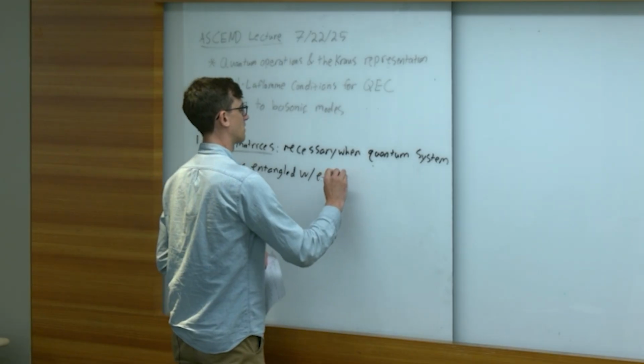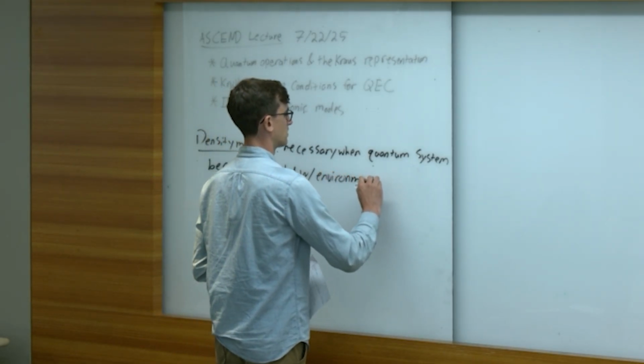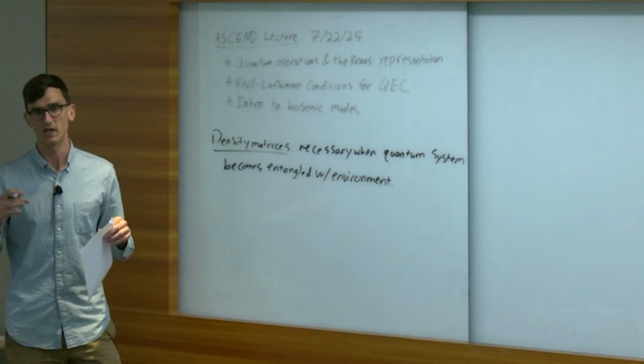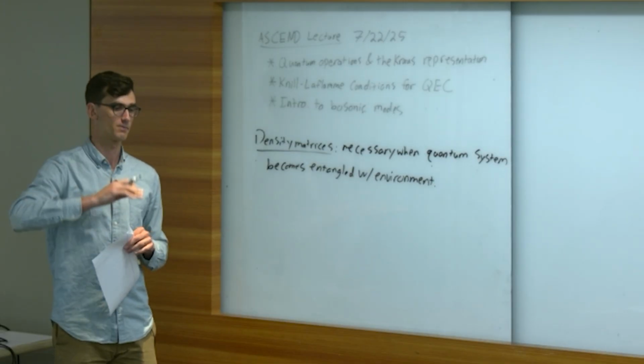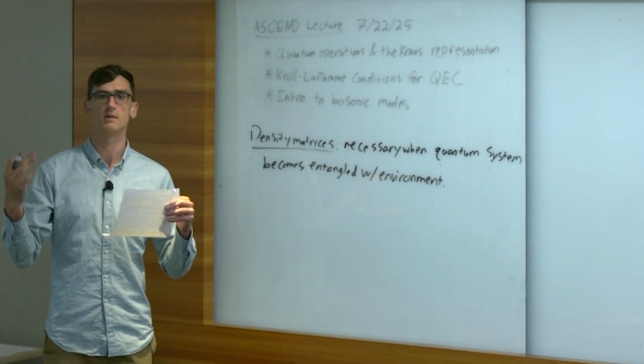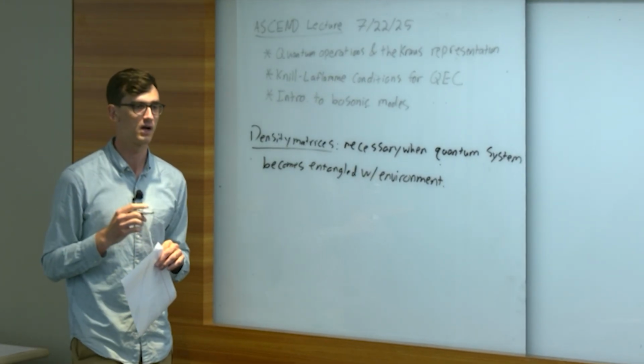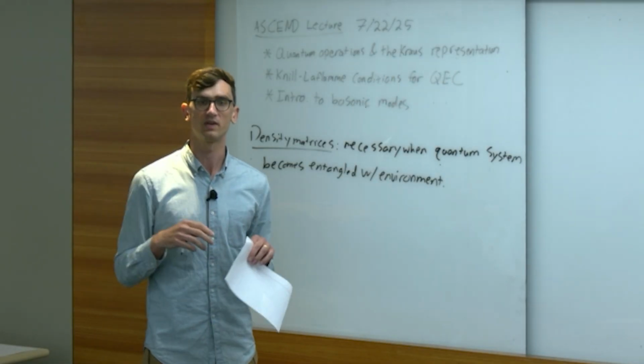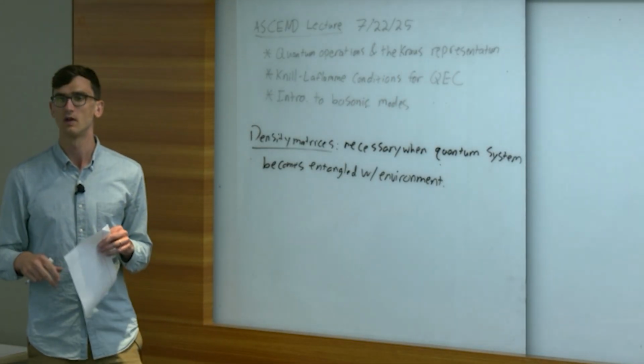And the point is that we don't have access to the environment. And so we have to, in some sense, trace over the environment. And you end up naturally, when you started off in a pure state, you might end up in a mixed state because you've had to trace over the environment.